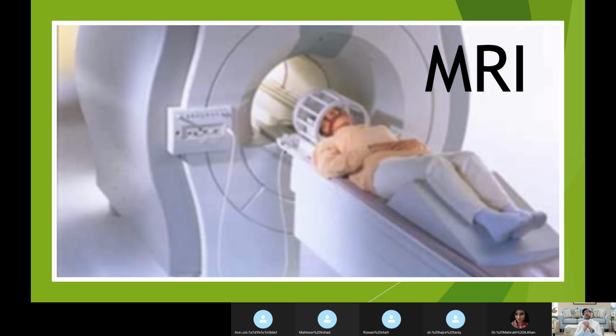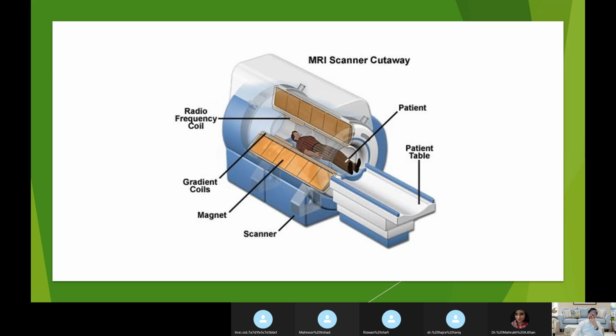Now the MRI machines are open from the top, so people don't become phobic with it. Basic principle of the MRI machine is a process called precession. Precession is a process in which the MRI is taken.